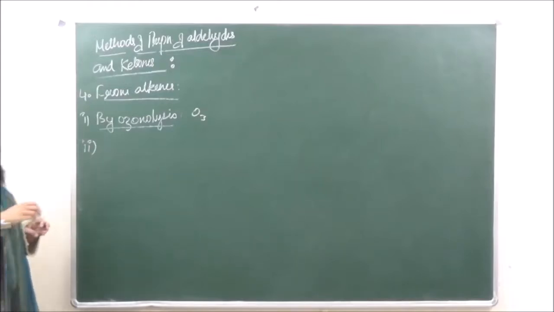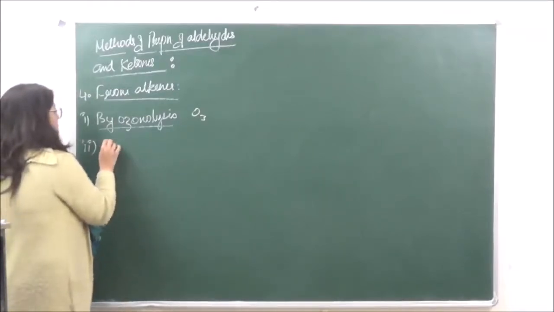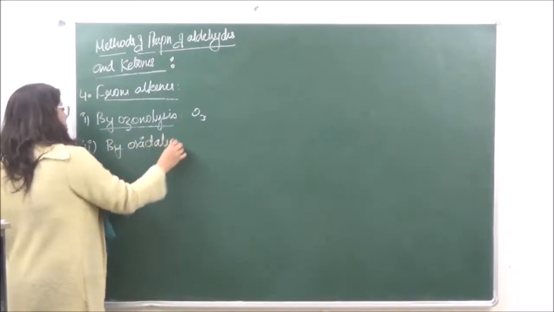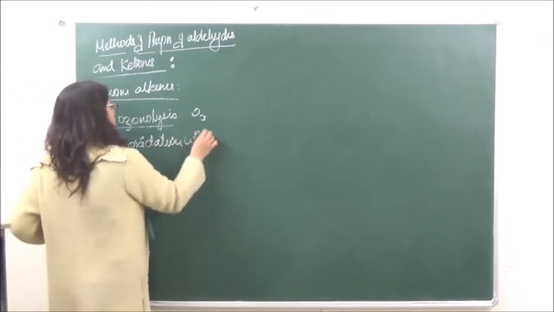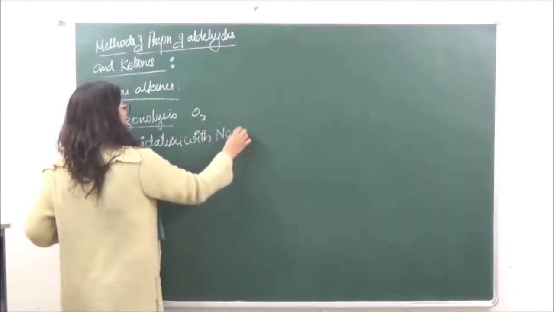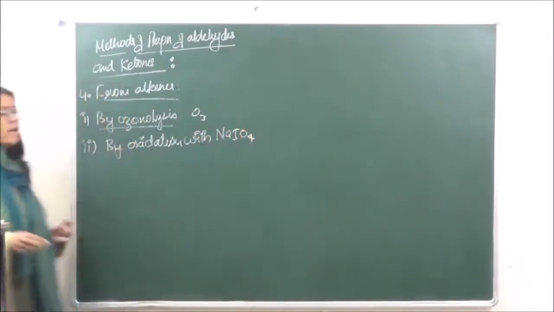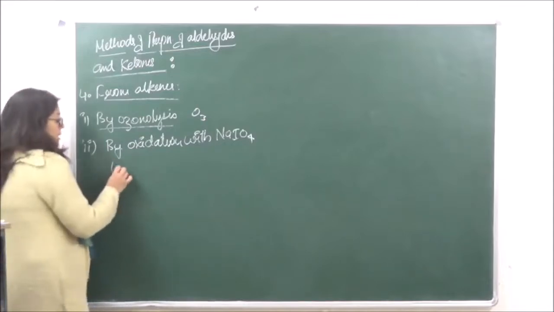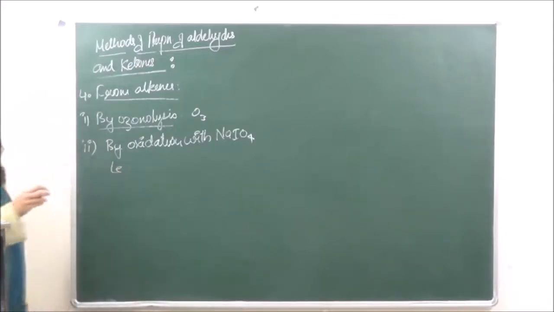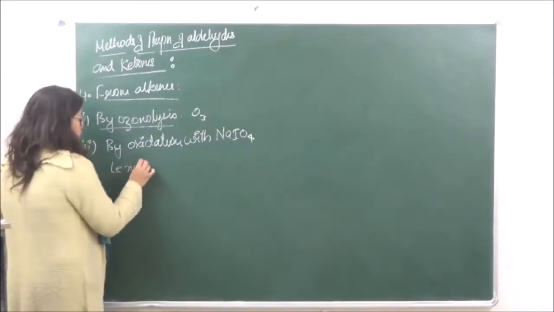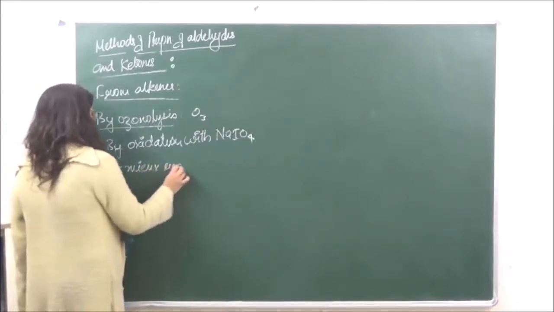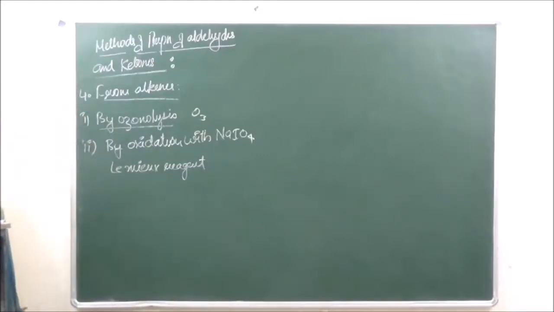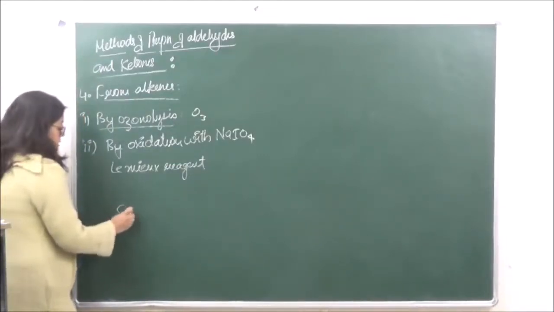using an oxidizing agent which is known as NaIO4, sodium periodate. This is also known as Lemieux reagent, right? So we have over here but-2-ene, and we are oxidizing it in presence of sodium periodate.